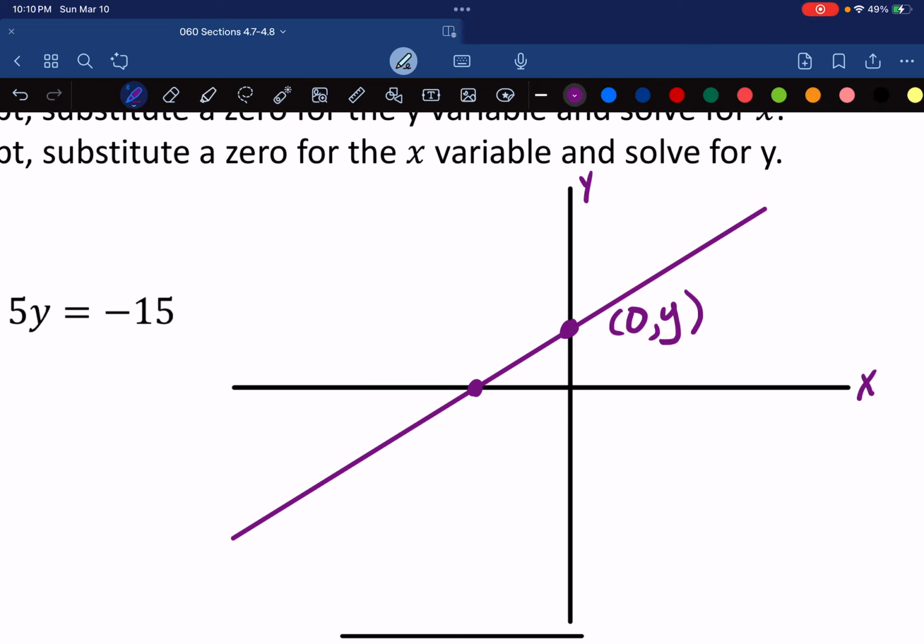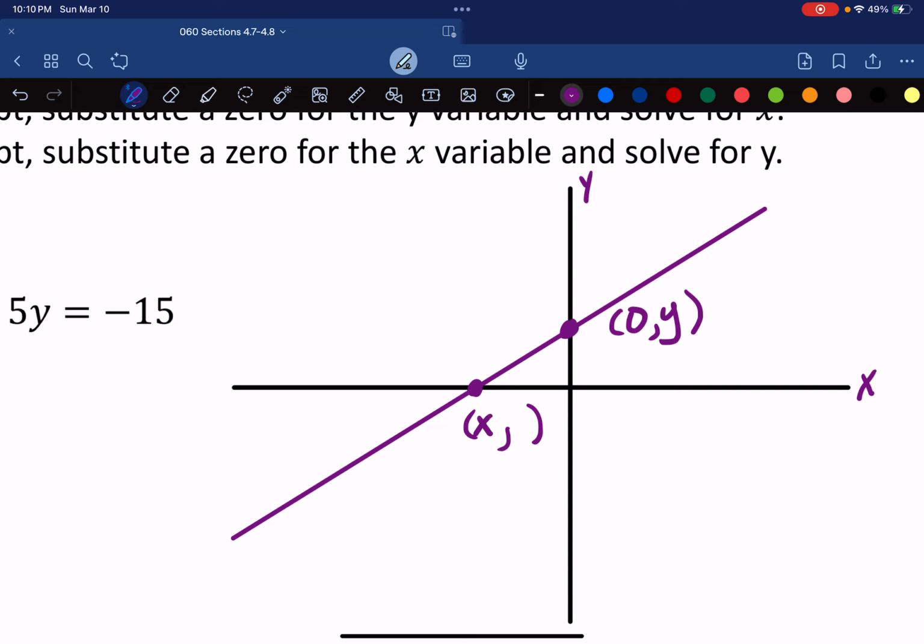And a similar concept here for the x-intercept. From the origin, we can move left or right depending on how our graph is drawn. In this case, we're moving left, and we're going to move left until we get to wherever our x value is. In this case, it would be negative 5, negative 10, negative 2/3, whatever it is, we'll call it x.